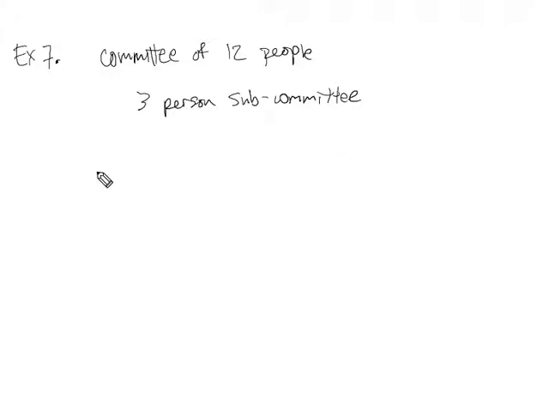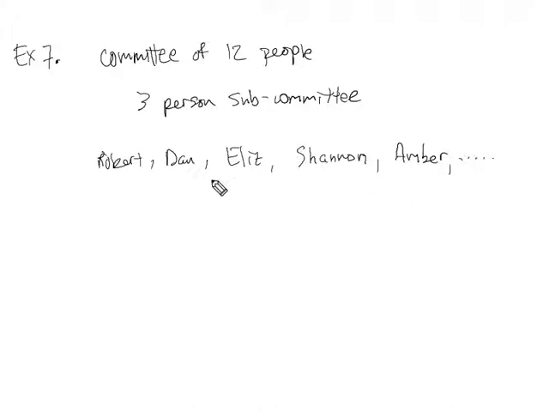So let's say we had Robert, Dan, Elizabeth, and Shannon, and Amber. Okay, there'd be 12 of them. These were some of the people on the committee.